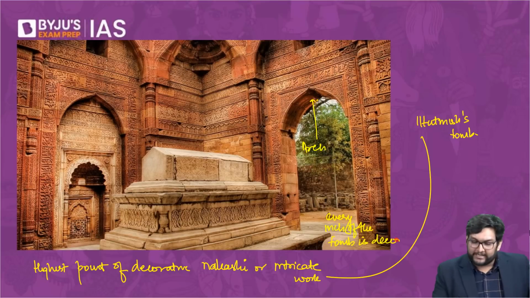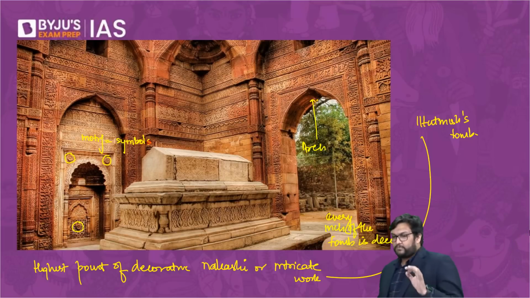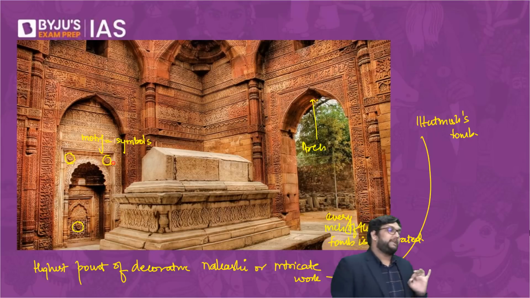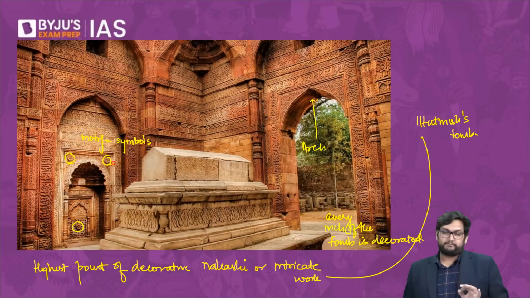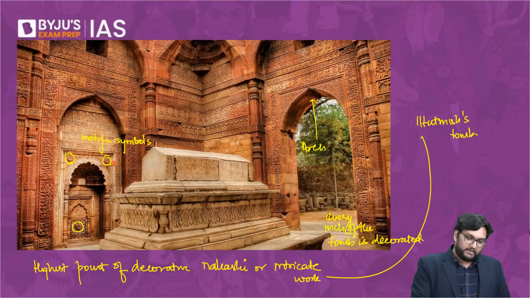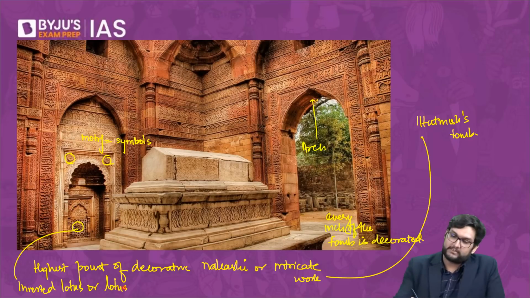And if you look at these different motifs, motifs means symbols. This is the famous inverted lotus which is used in temples quite a lot. This is called inverted lotus, or lotus. And this is the part where the Quranic verses have been written, you can see here.